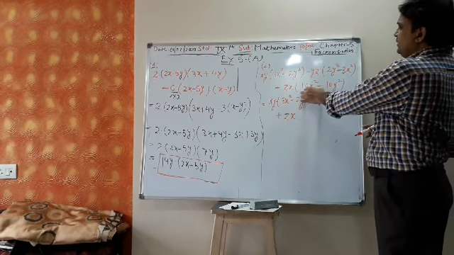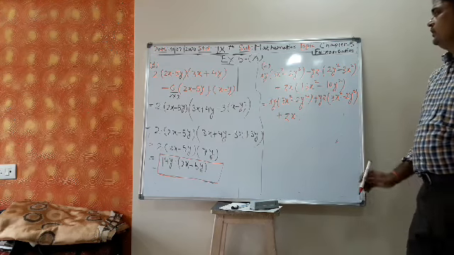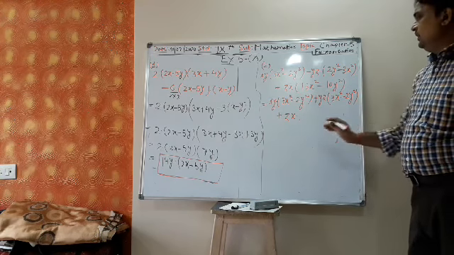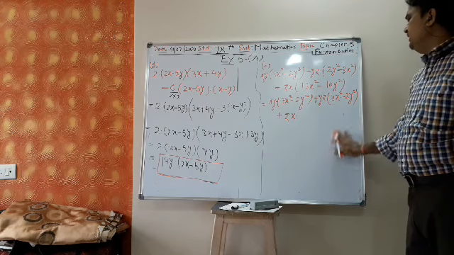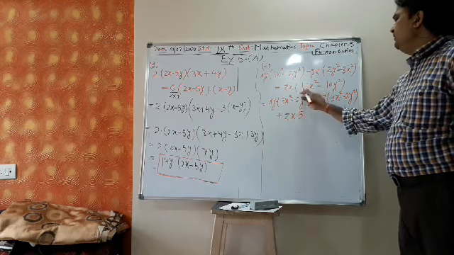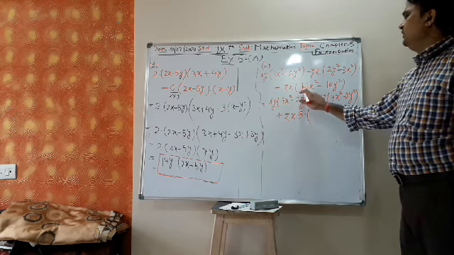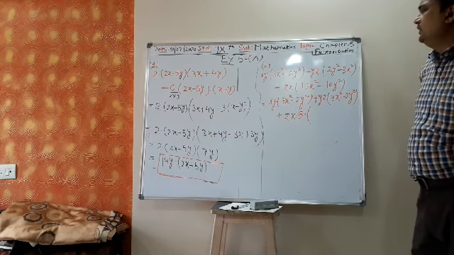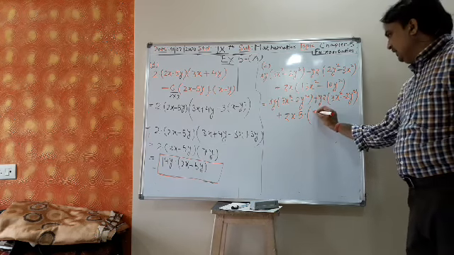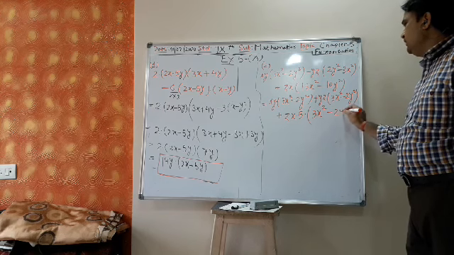Then what is common in these two? 15 and 10, what is common? 5 is common, no? So that 5 I am taking outside. What is left? Tell me. In place of 15x square, 3x square minus 2y square.